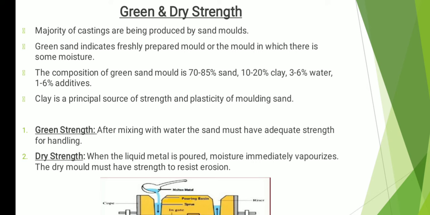Now the composition of green sand is basically 70 to 85% sand, 10 to 20% clay, 3 to 6% water, and 1 to 6% other additives like cereals and sea coal. Clay is the principal source of strength and plasticity of molding sand.